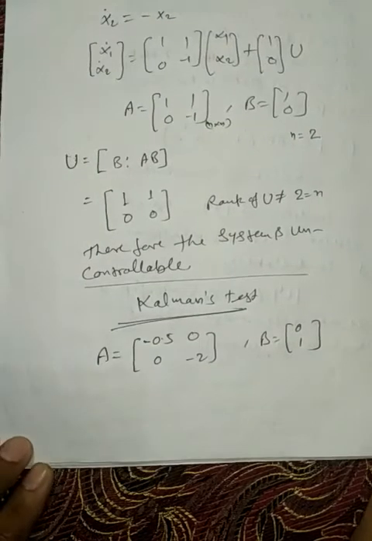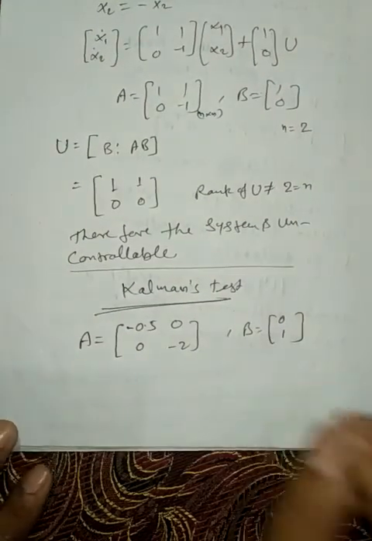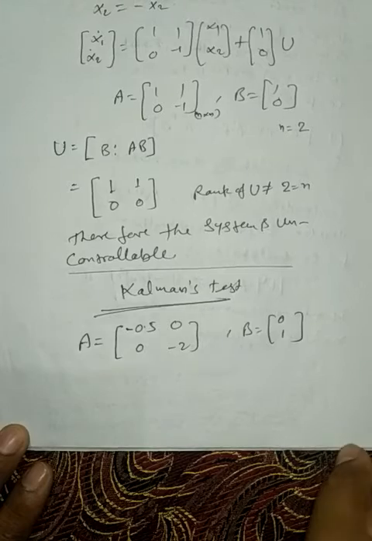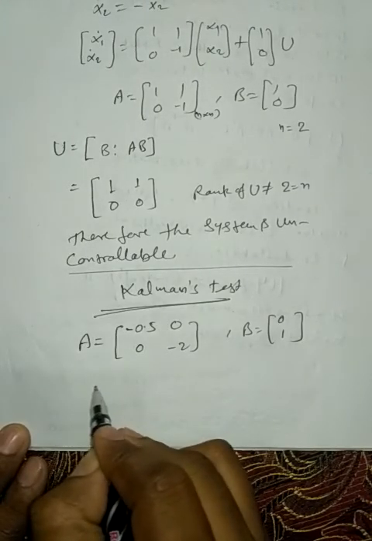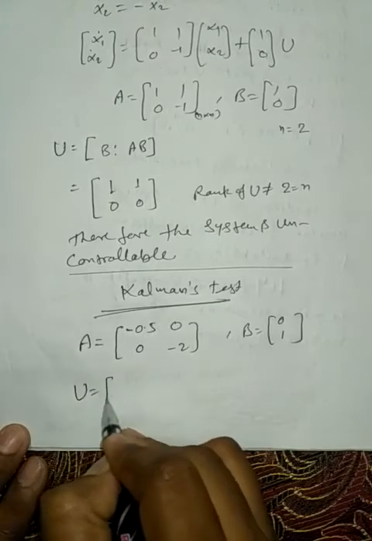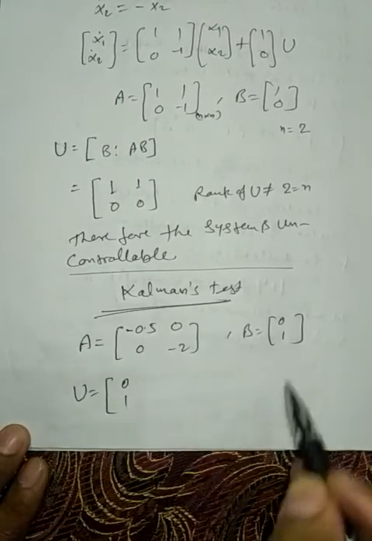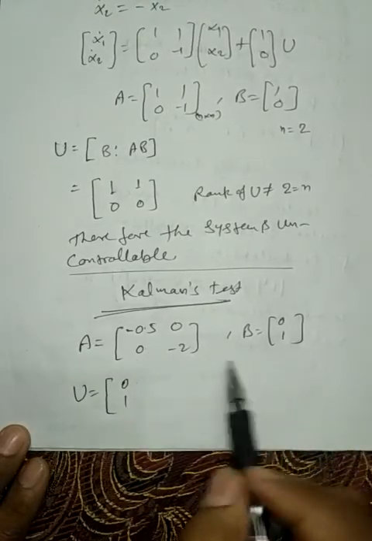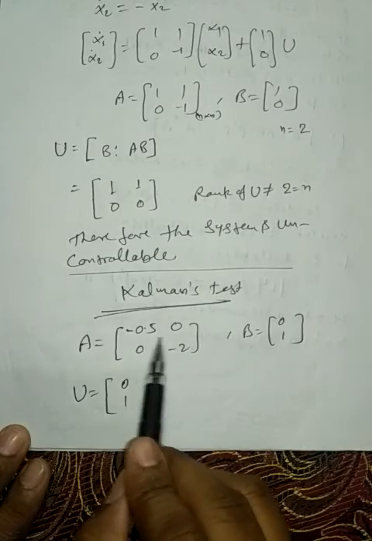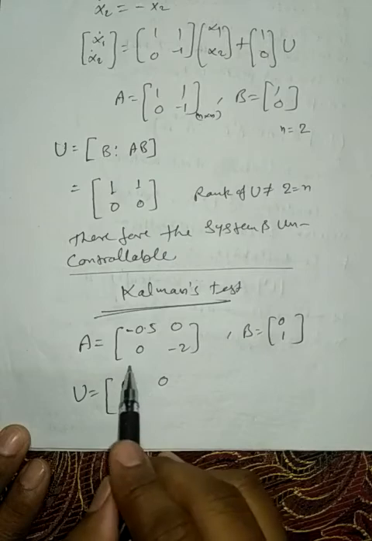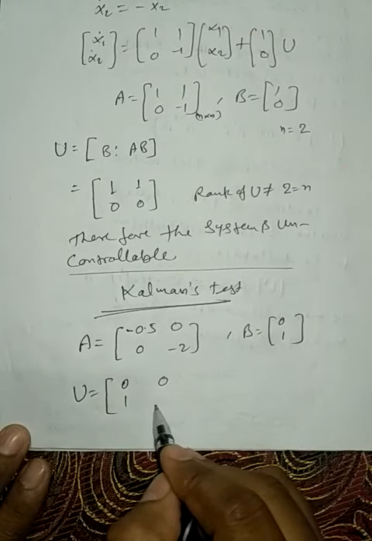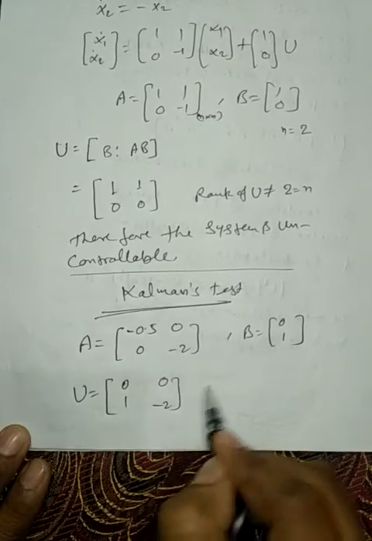Now, I have to test whether the system is controllable or not. Again, n is equal to 2. So U will become [0; 1], and multiplying these two values, here 0, here 0, this will be 0. Again here 0, here minus 2, this will be minus 2.